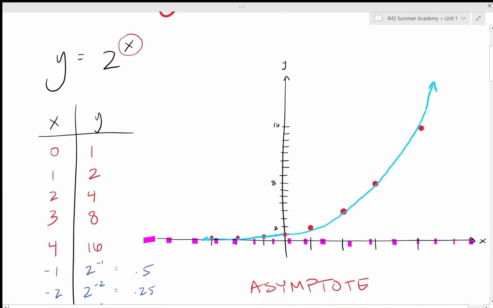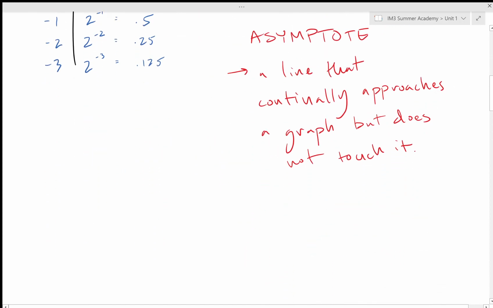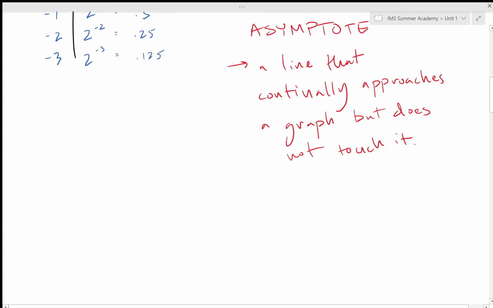Now, what we've drawn right here is an exponential graph, and more specifically, this is exponential growth. As it goes from left to right, the graph grows upwards. The opposite of that would be exponential decay.